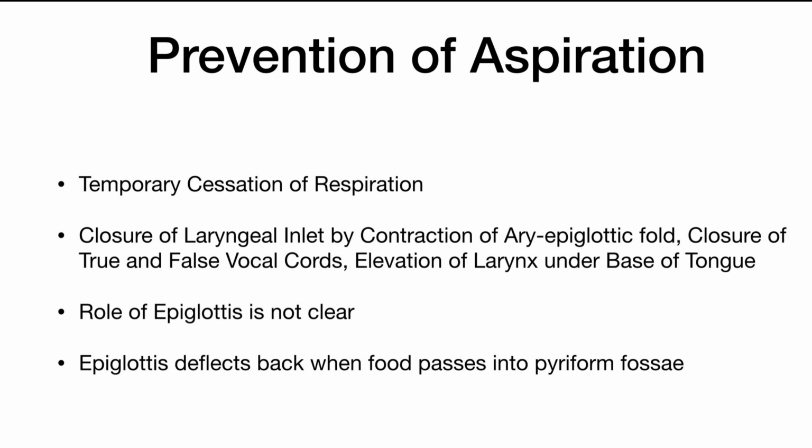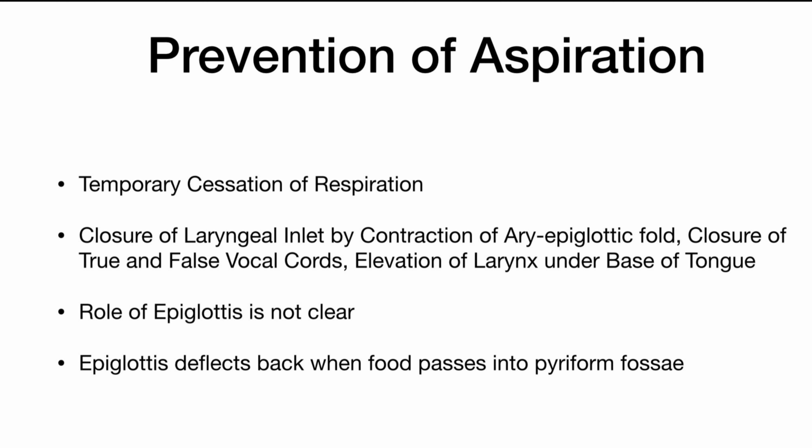Now we will briefly describe how prevention of aspiration is taking place during swallowing, because imagine food is entering the pharynx and pharynx is the path for both air and food. So it's like a big road which is bifurcating, and you want the food to go into the food pipe and the air to go into the windpipe.